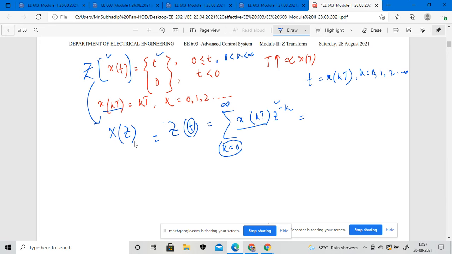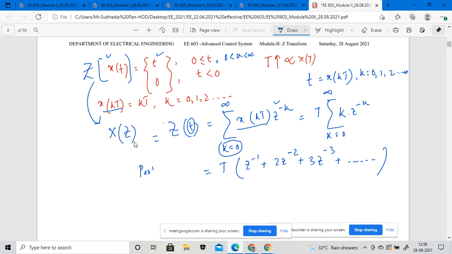So if I simplify this equation, it will come like this. T will move out, then the summation for k equals 0 to infinity of k into z to the power minus k. If I expand this equation, it comes T into z to the power minus 1 plus 2 into z to the power minus 2 plus 3 into z to the power minus 3 plus so on.